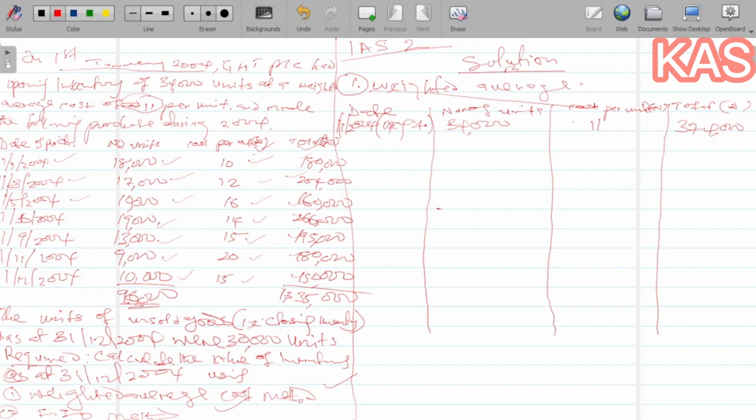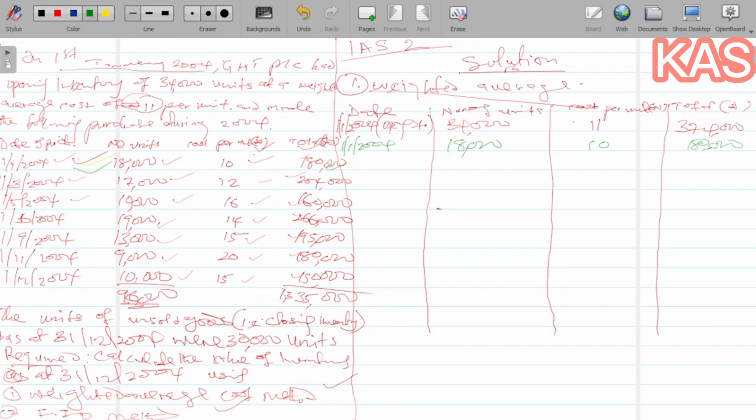Then we can now go to the question here. If you look at it, this one says on 1st of January 2004, that is the same date. How many quantity? 18,000. The rate is 10 naira. So 10 naira multiplied by 18,000, we have 180,000.